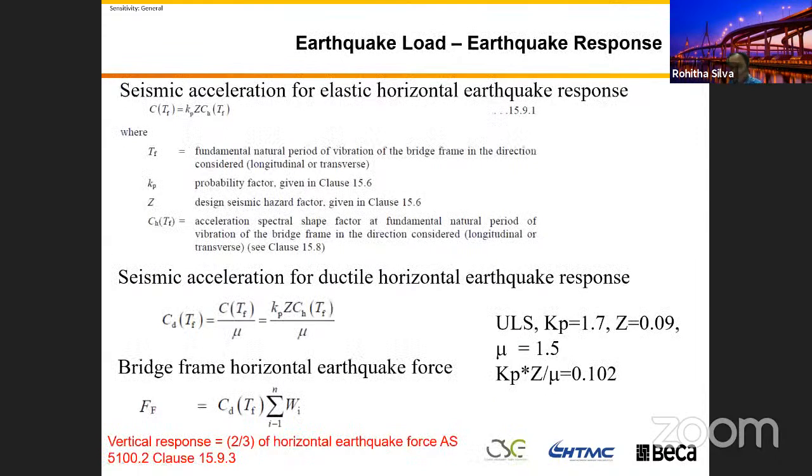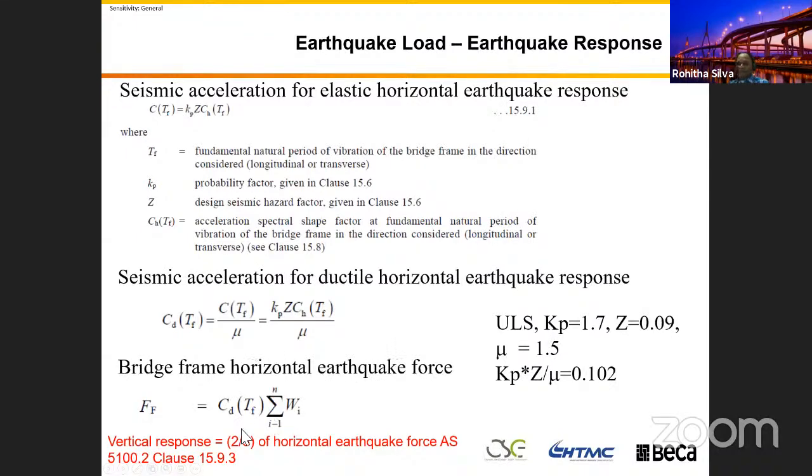Depending on the type of the structure, you need to do many different analyses. In the Australian design standard, when we design for earthquake, sometimes we use only the horizontal earthquake force on the bridge structure, but depending on the importance of the bridge, for example design category 4, you need to combine it with the vertical response as well.